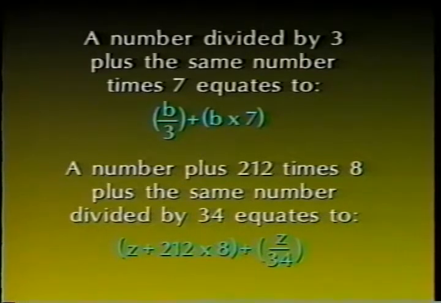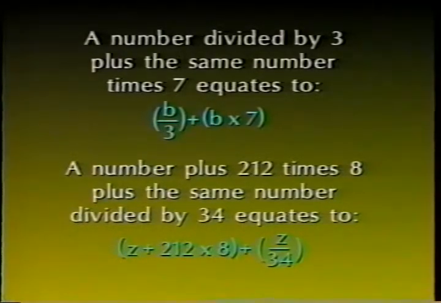For example, in this graphic, unknowns are identified as B or Z, and then equations are formed from the word statements to reach solutions. As shown by the two examples in this graphic, equations are formed from conditions set by a word statement.